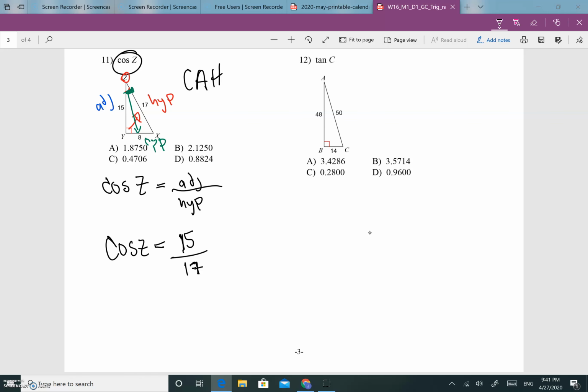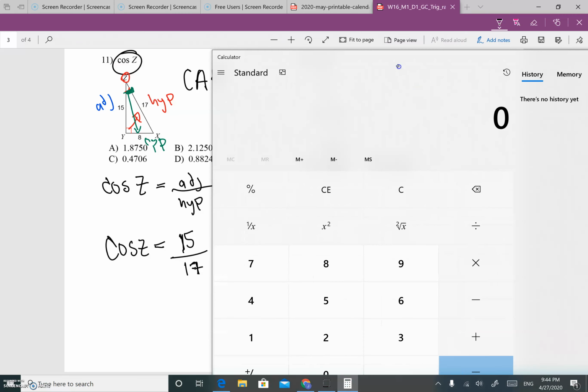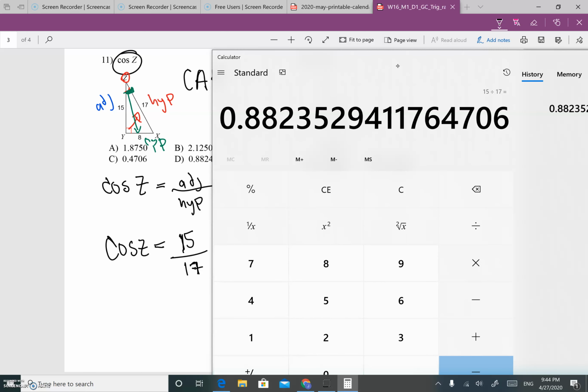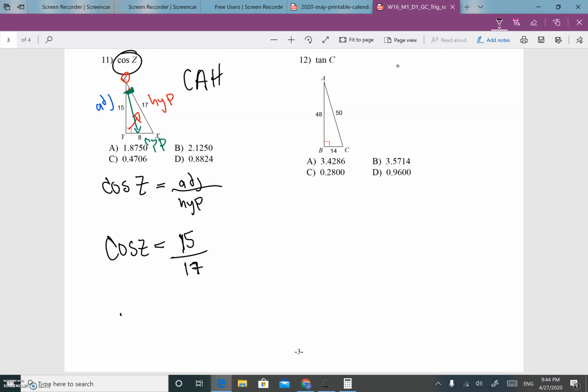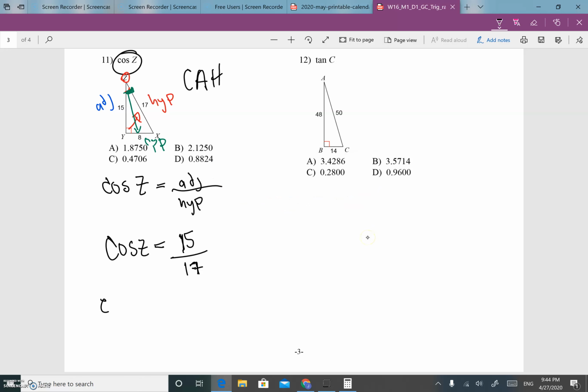Let me open up the calculator and see what we get. 15 divided by 17 gives us 0.88. So cosine of C is equal to 0.88.